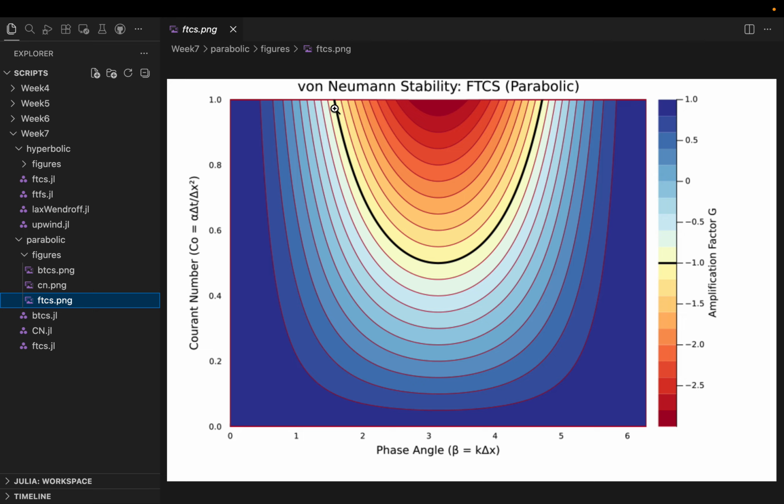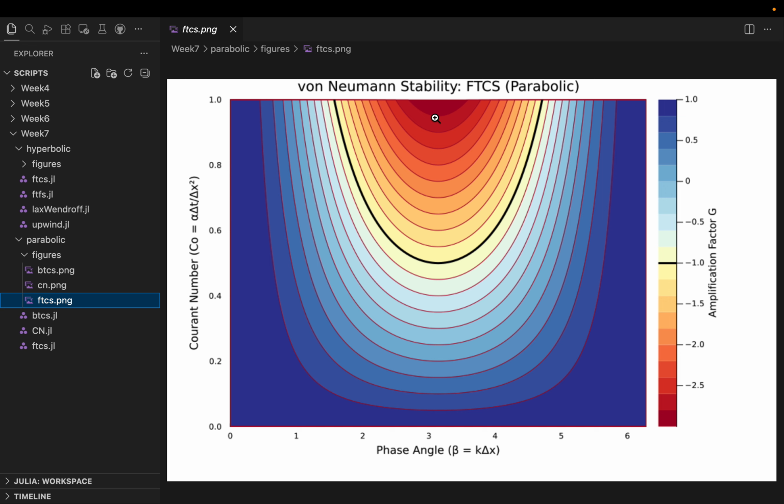One thing to note here, this dark line is the value where the modulus of g equals 1. If we take a Courant number less than 0.5, all the values are in the blue zone, which essentially means this particular scheme is conditionally stable. As long as we choose delta t in such a way that the Courant number is less than 0.5, we will be in the stable region. If you go higher and higher, it becomes red, where the amplification becomes greater than 2.5 or something, which means you cannot integrate infinitely.